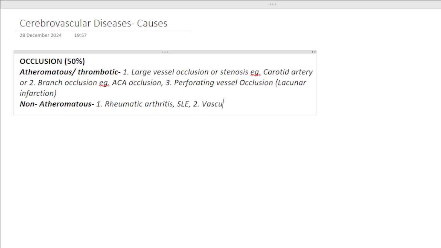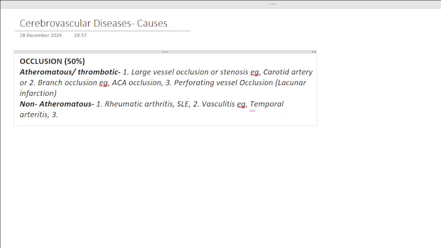Vasculitis, right? Can anybody tell me one example of that? Just one example. Remember this word from now onward, temporal arteritis. Okay, remember this.